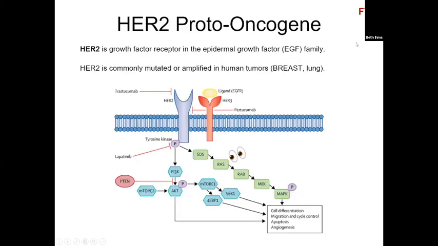HER2, who's heard of HER2? Many more people than RAS usually, because this one is popular. So HER2 is a growth factor receptor in the EGF family. Here it is right here. HER2 is one that is commonly mutated or amplified in human tumors, especially breast, but also lung. So if we get a gain of function in this growth factor receptor, signaling will be always on.